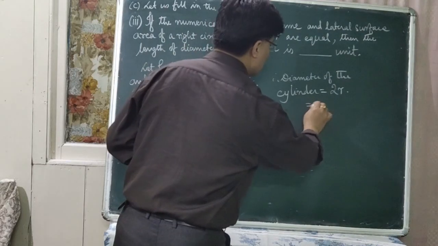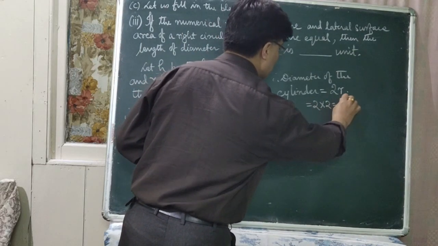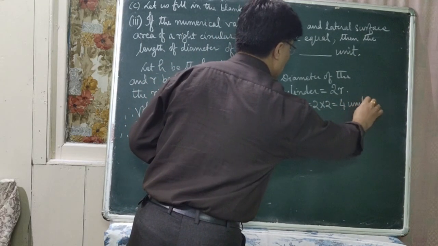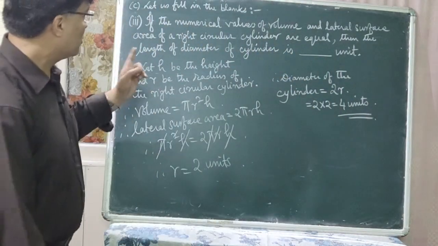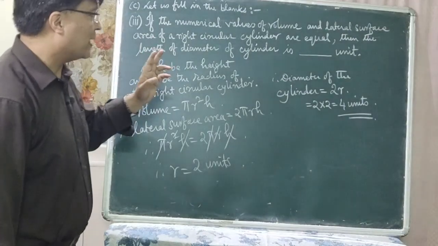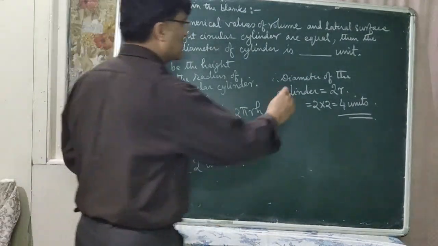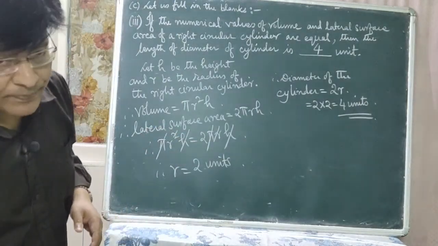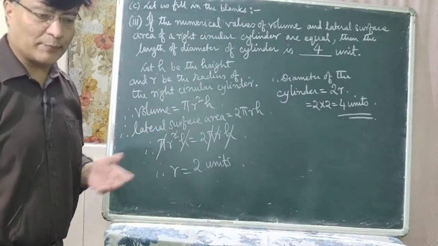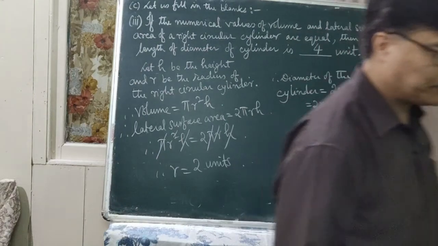So it is equal to 2 into 2 is equal to 4 units. This is the answer. So in the fill in the blanks you have to write, the length of the diameter of the cylinder is 4 unit. That is your answer. So I think you have understood it. You can copy it. Now we'll do the next question.